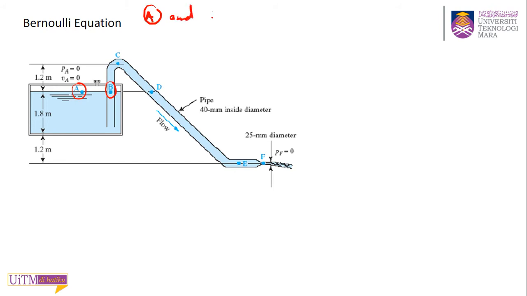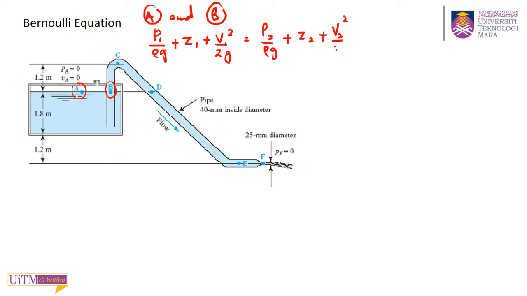So you need to write your Bernoulli equation because the terms at A are very simple. There are a lot of things that we can cancel out. So P1 over rho G plus Z1 plus V1 squared over 2G equal to the pressure at B, P2 over rho G plus Z2 plus V2 squared over 2G.